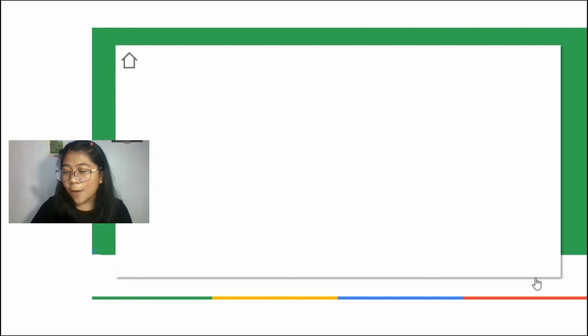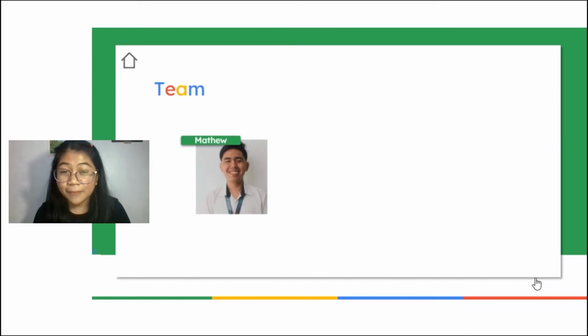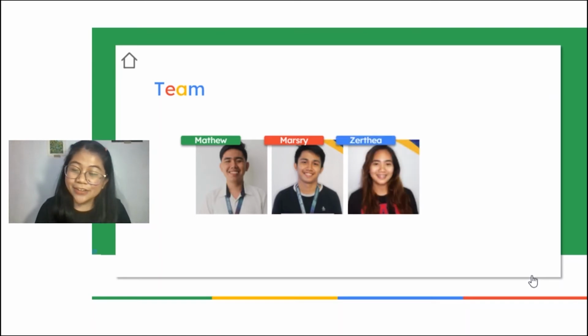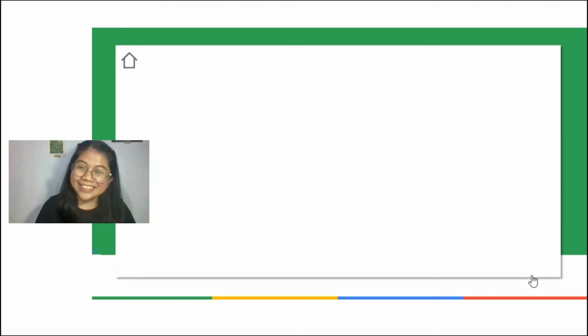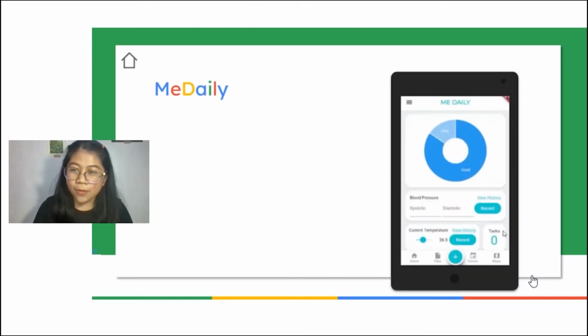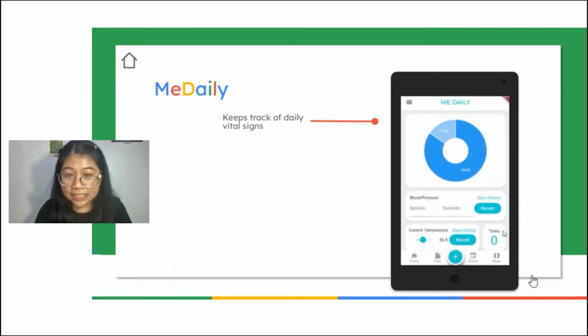So first, let me quickly flex my team. This is my amazing team leader, Matthew, the hardworking front-end developer, Marsri, the ever-supportive Zerthea, and there's me. Our team developed a mobile application called Me Daily. Me Daily includes the following functionalities.